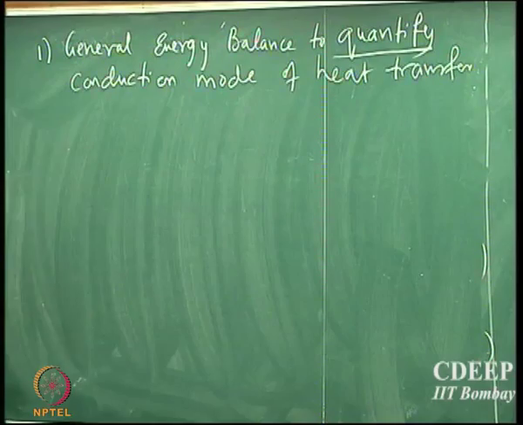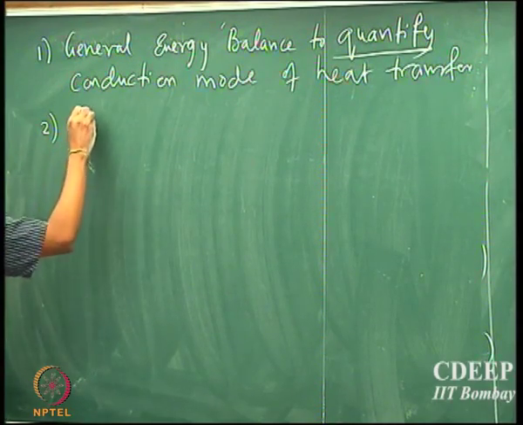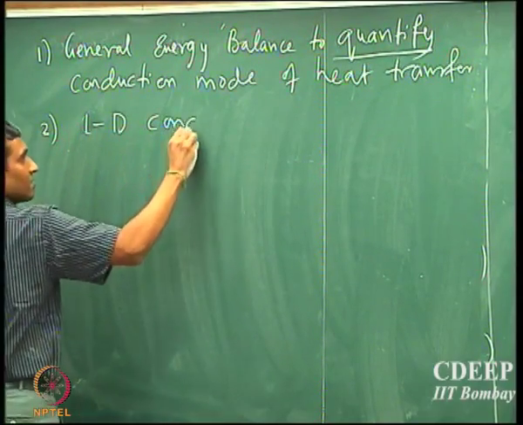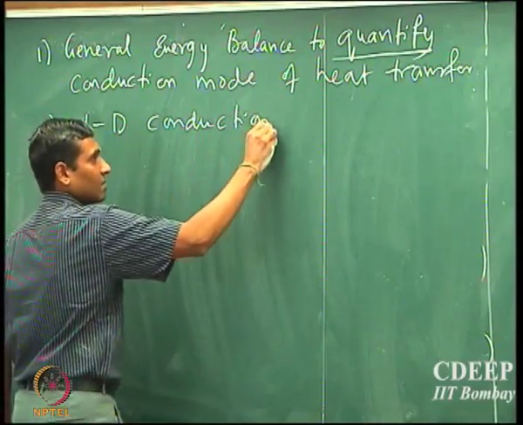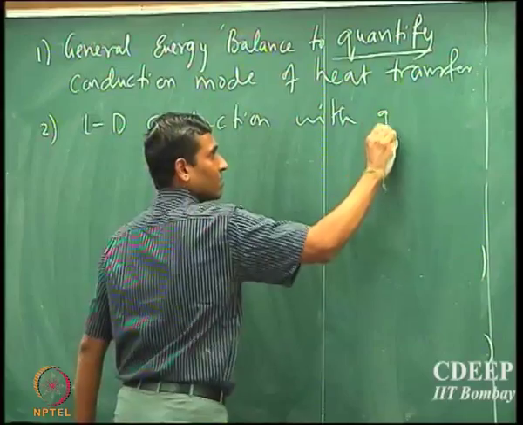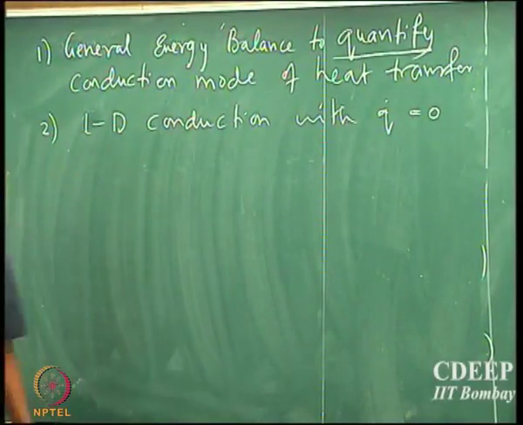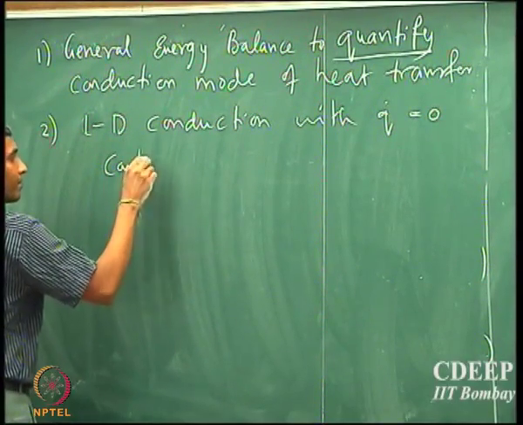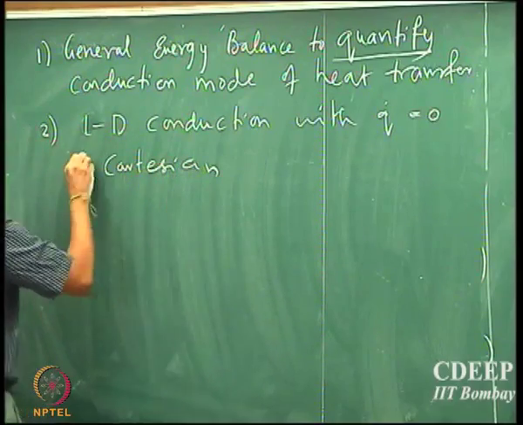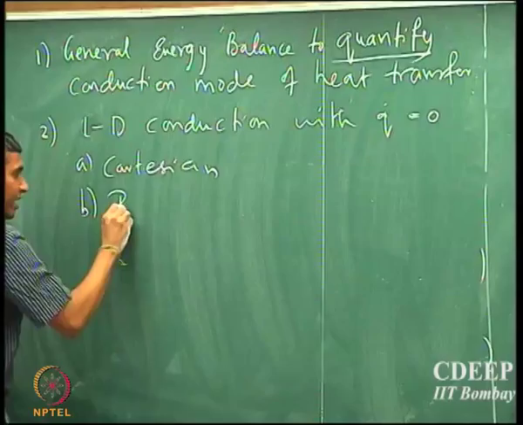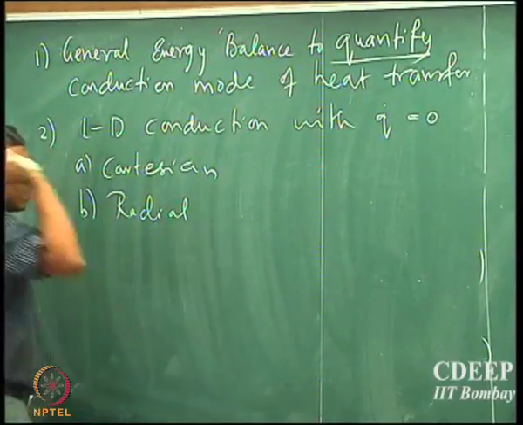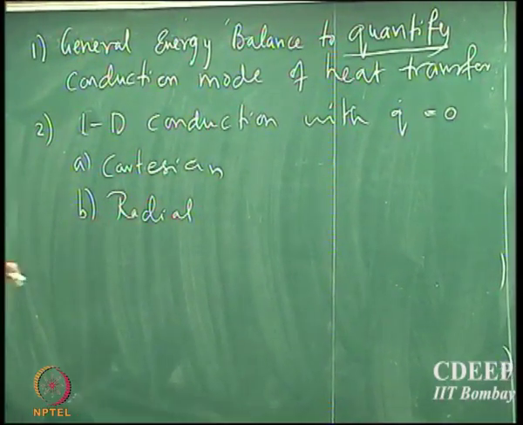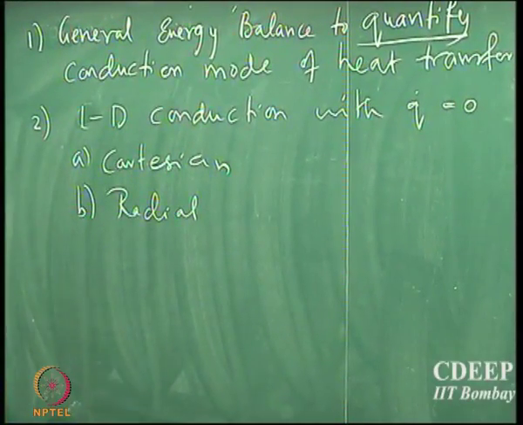And then we looked at a very simple case of 1D conduction without heat generation, and here we looked at the Cartesian coordinate system and the radial coordinate system. So these are the things that we have seen. This is the first aspect of the conduction process.